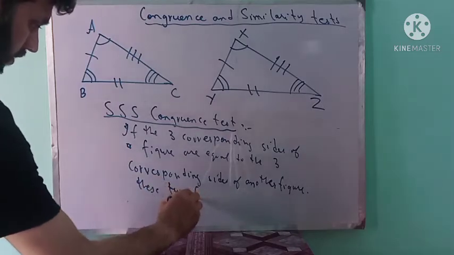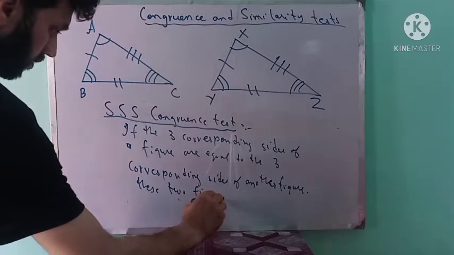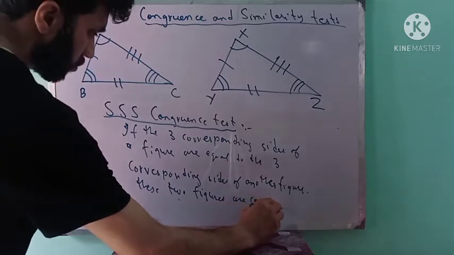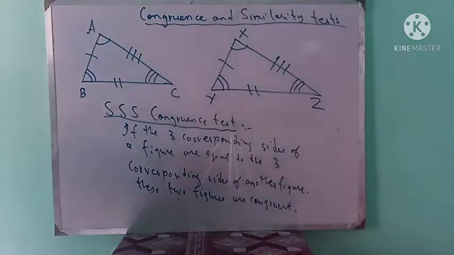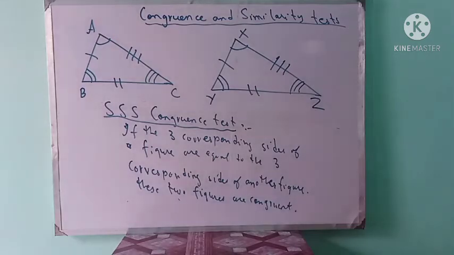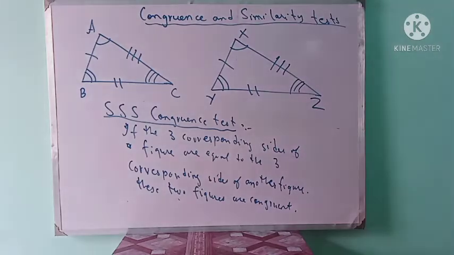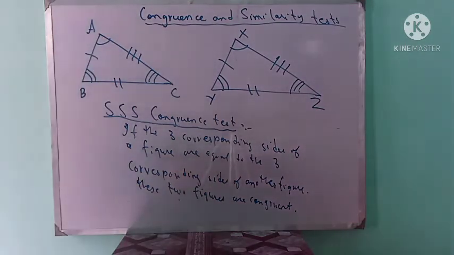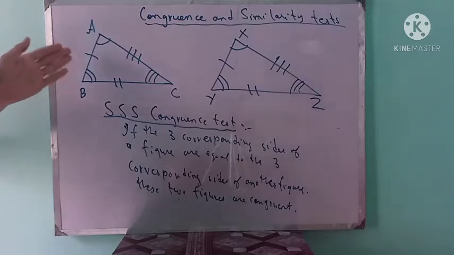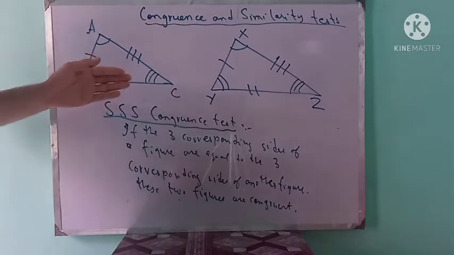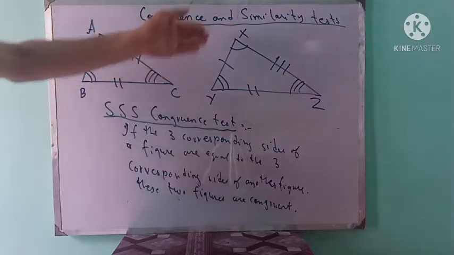These two figures are congruent. So I have drawn two triangles in front of you, and I have marked the sides on the triangles. We have to see whether the three corresponding sides of triangle ABC are equal to the three corresponding sides of triangle XYZ.